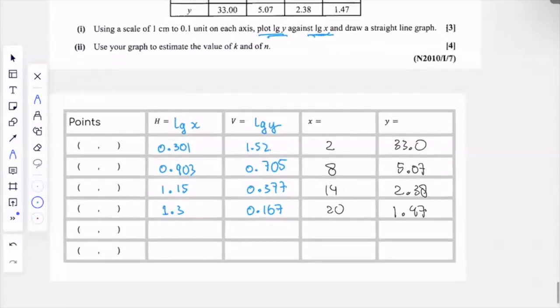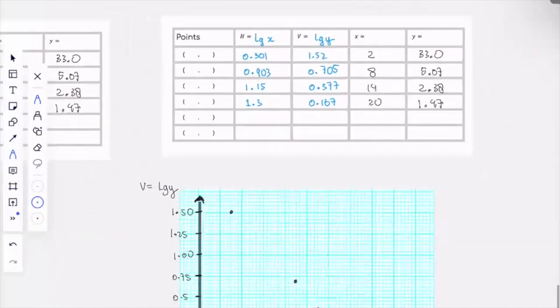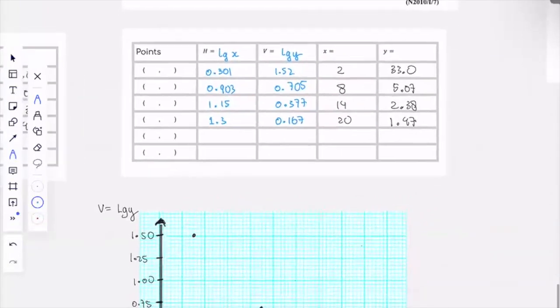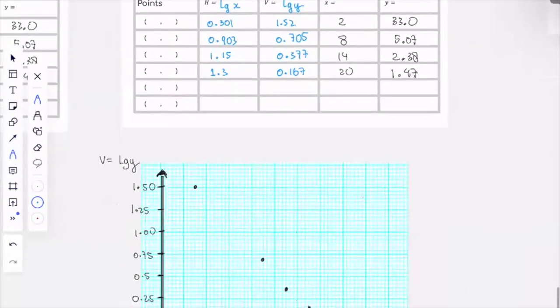So we have 4 points to sketch. Then we sketch it here. X when 0.3 and 1.52, we mark here. This is our first point. 0.903 around here, and 0.705. So it's here.